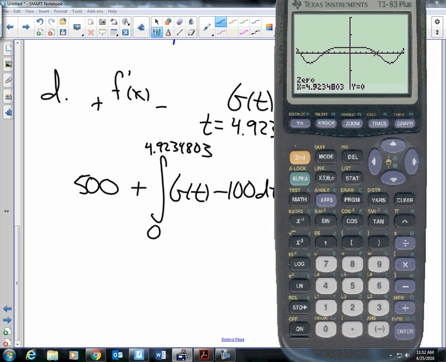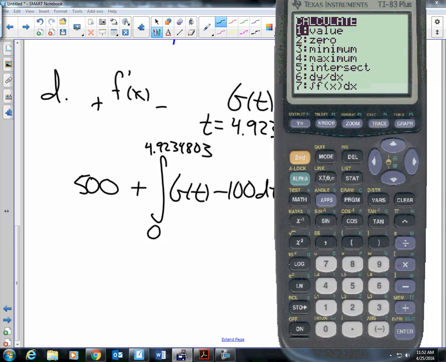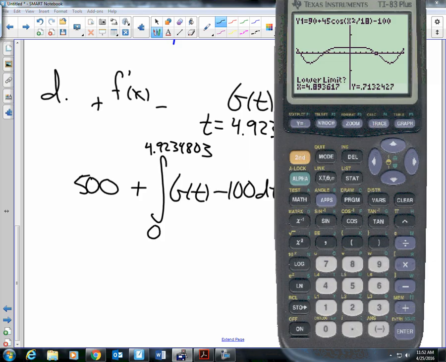I think that this part is challenging for a lot of people to come up with, so don't feel bad if you didn't get it. So I go into y equals. I have that. I calculate number 7. We're going to go from 0 to 4.9234.